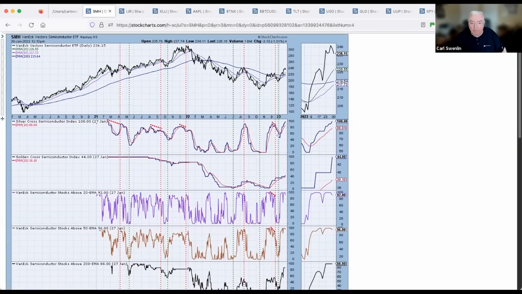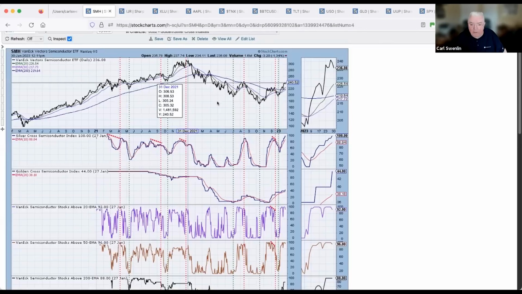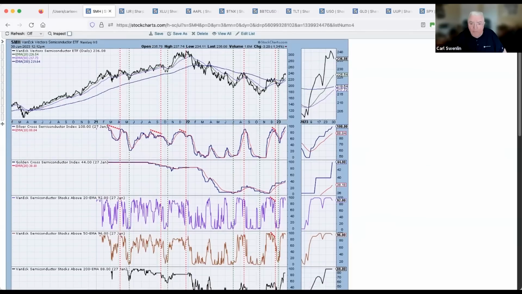So, okay, semiconductors looking spectacular, Silver Cross at 100%. Semiconductors matched our major indexes by hitting their bear market low in October, and we do have a higher high, so we definitely have an established rising trend on that sector, and it's up 41%. Pretty great. Yeah, looking good.